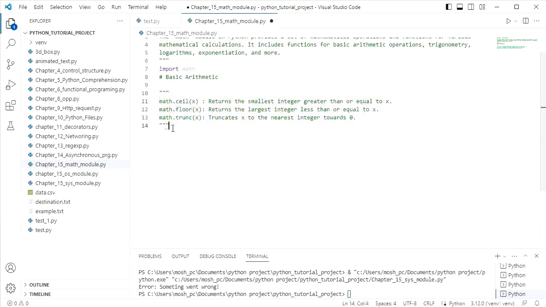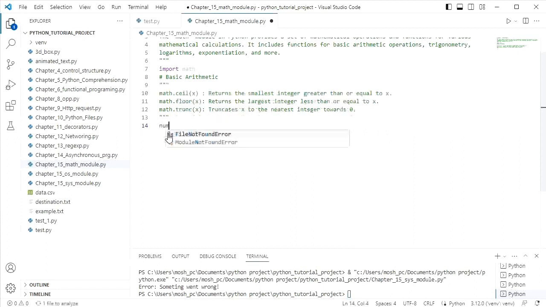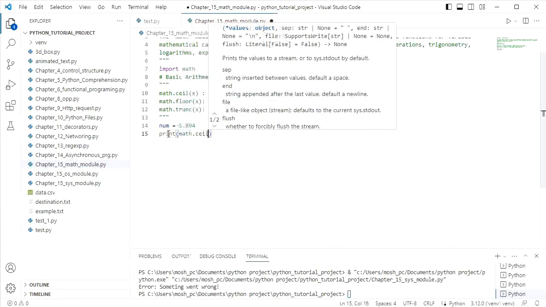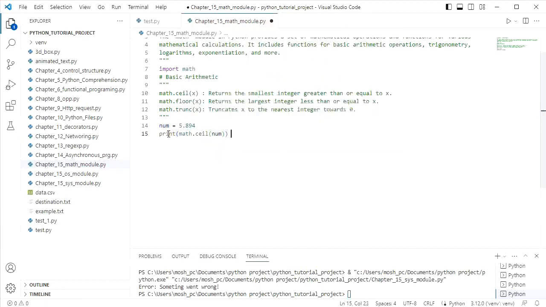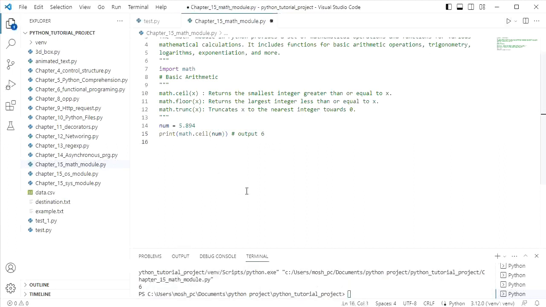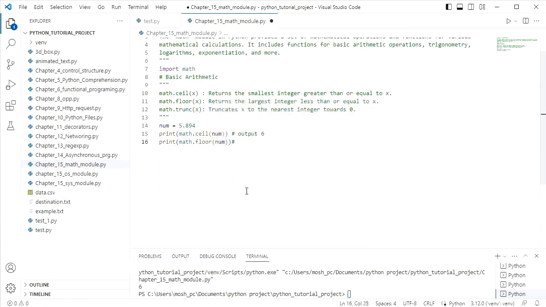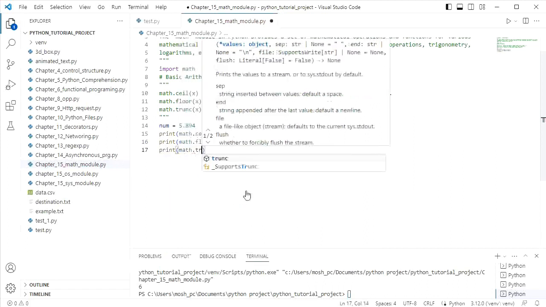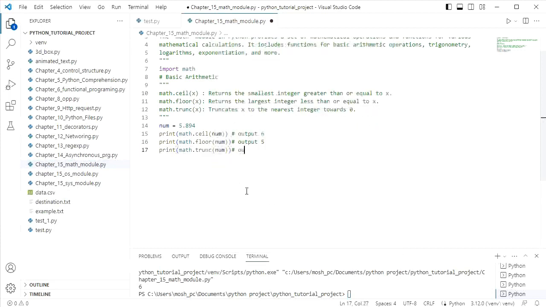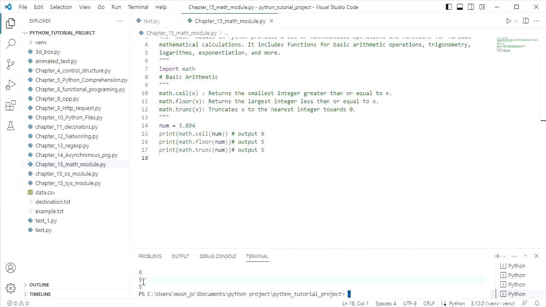Alright, let's see the example. You can see all the output here.